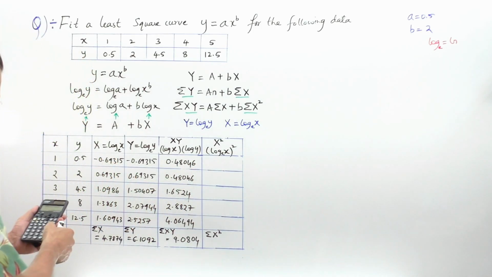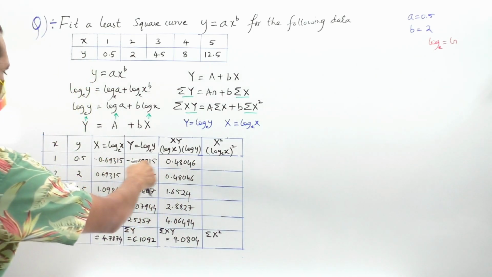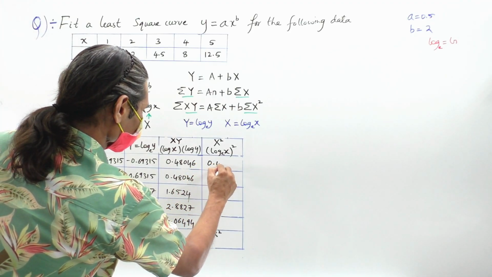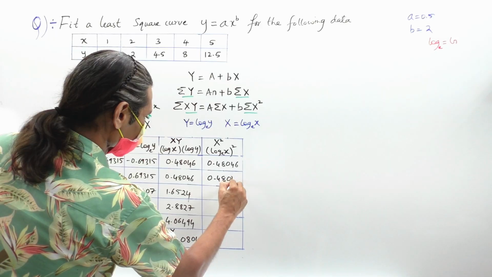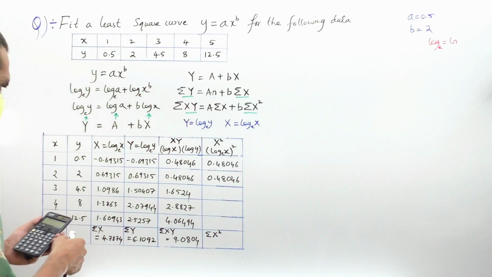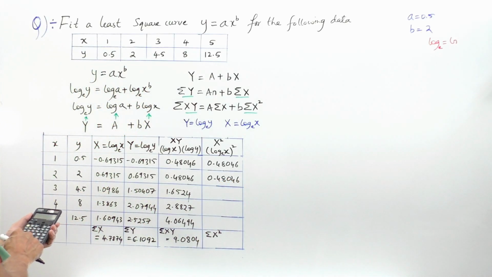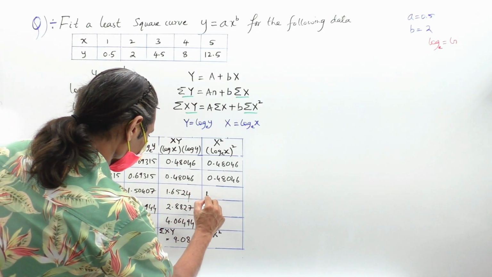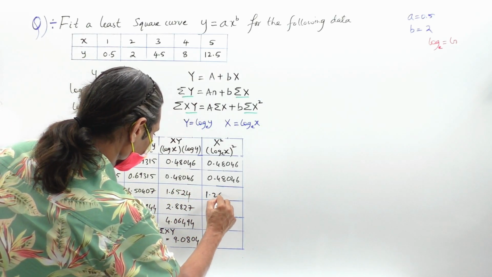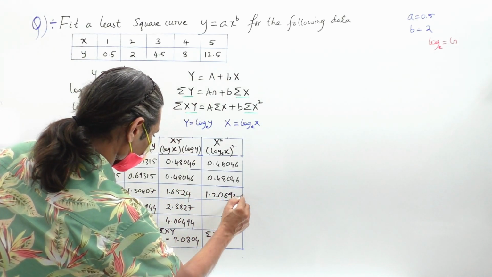Now lastly X square. So we square this. This will be 0.48046, 0.48046. Then the square of 1.0986 is 1.20690.